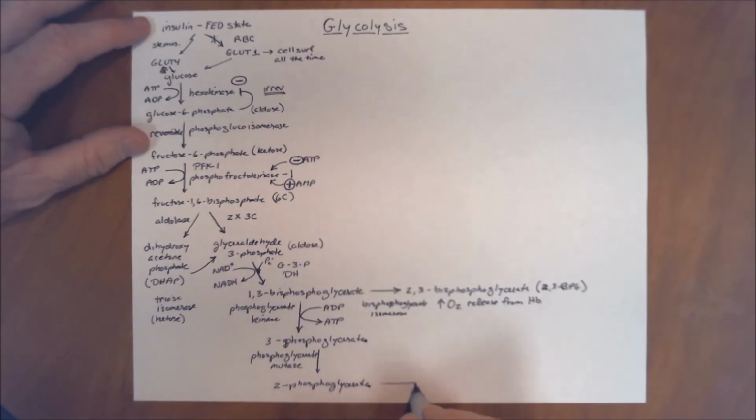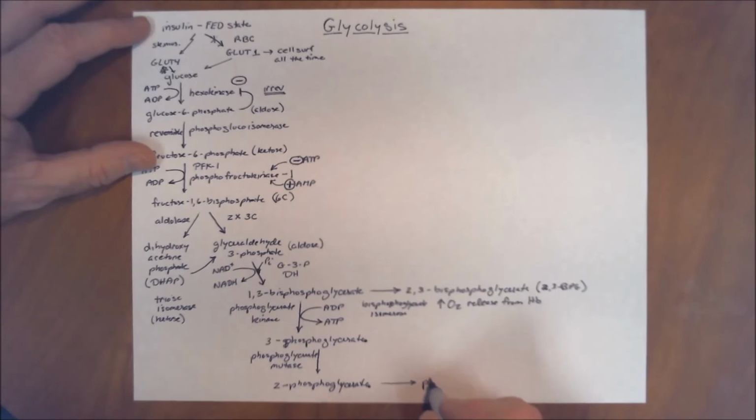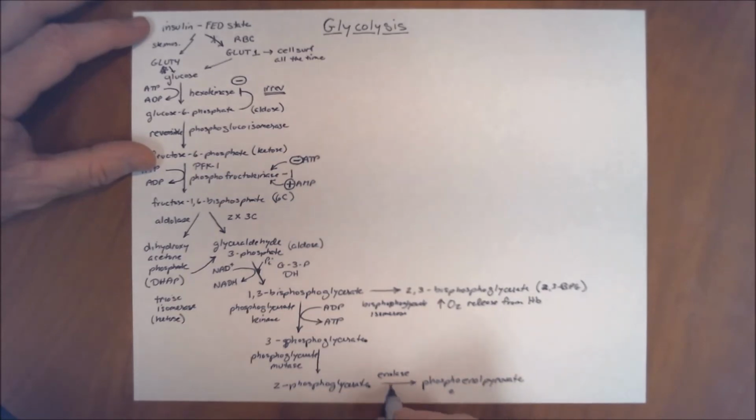The next step is to generate phosphoenolpyruvate. The enzyme that does this is called enolase, and this is simply a dehydration reaction, removal of water, to make phosphoenolpyruvate, which is abbreviated PEP.